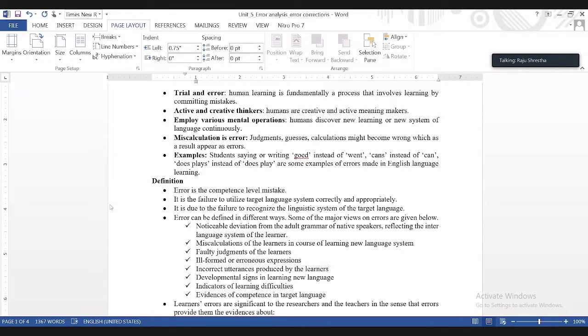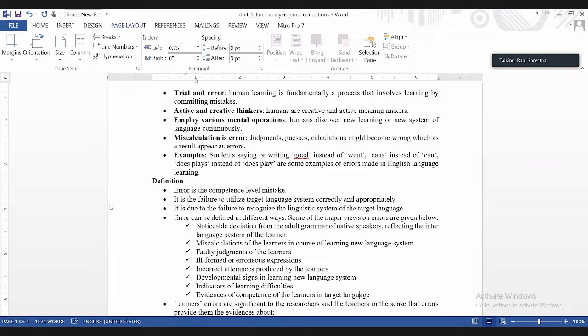Then developmental signs in learning new language system. Indicators of learning difficulties. सिकाइमा गाह्रो भयो भन्ने एउटा सूचक पनि हो, indicator पनि हो errors भनेको. Evidences of competence of the learners in the target language.